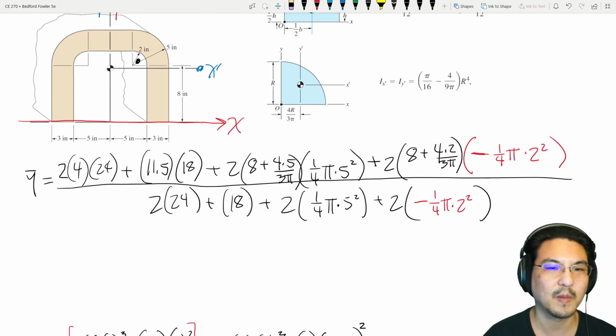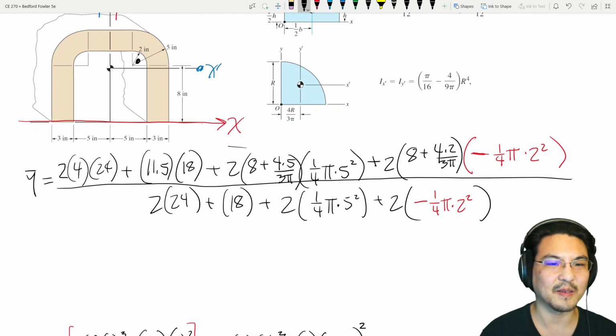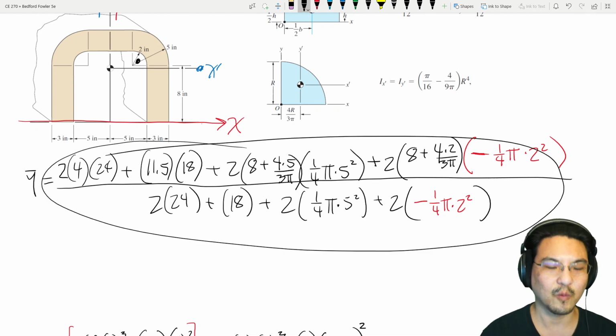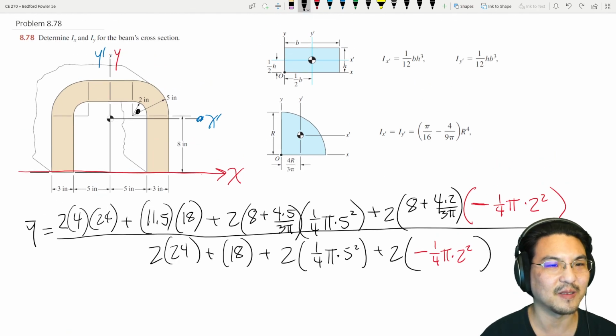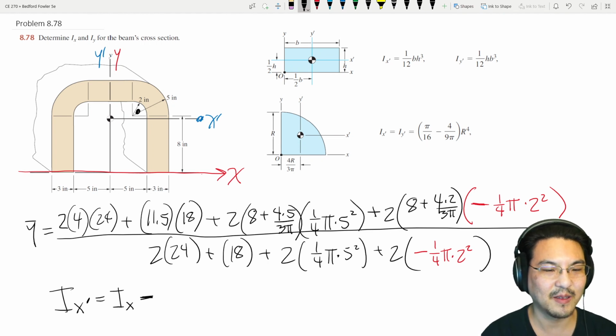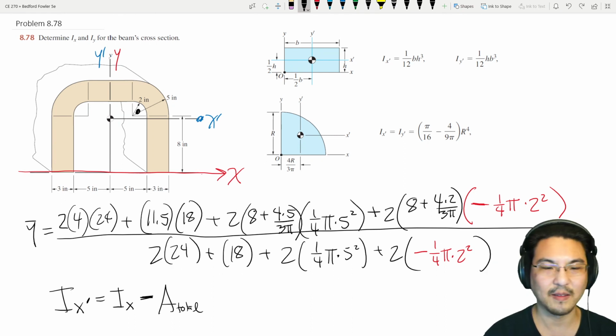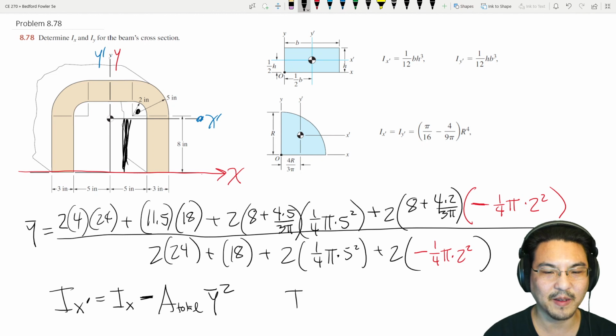Okay, so then this is the y component of the centroid. The x component is at 0, right? It's just symmetry right here. And as I said earlier, Ix prime is Ix minus the total area, which is actually this denominator. And then the distance from here to here squared. And then Iy prime is the same as Iy.